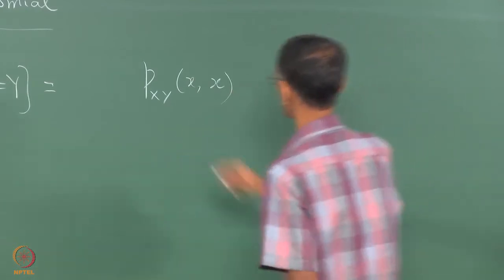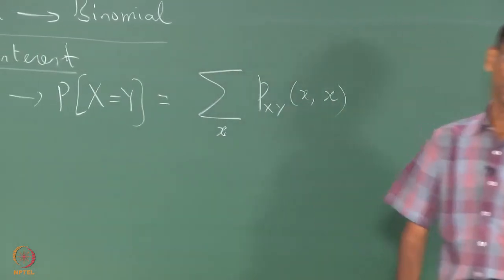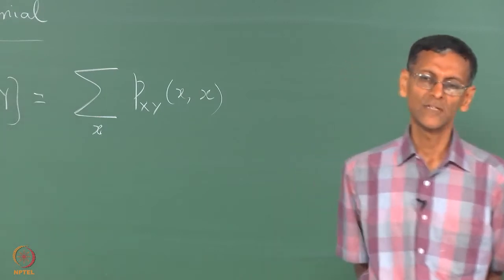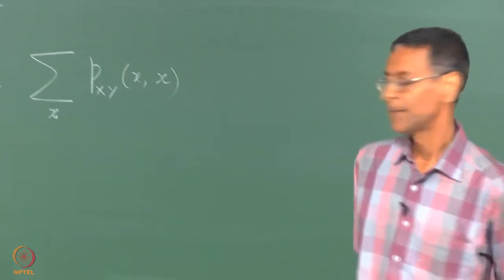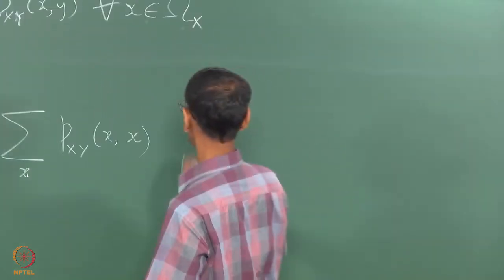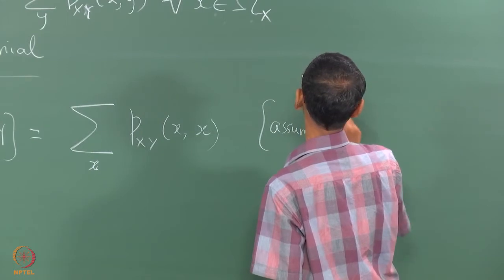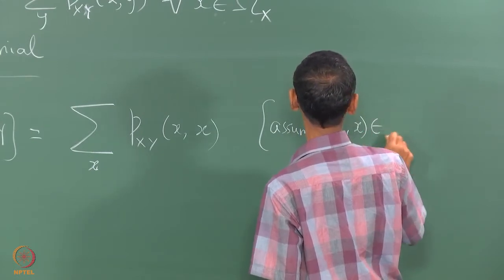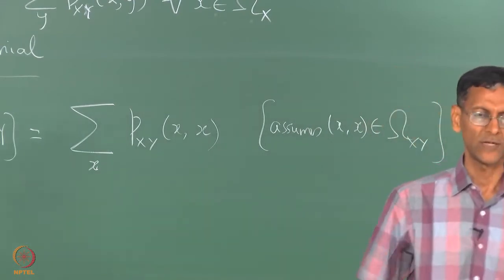So, in general you add up all these probabilities with equal arguments for X and Y. This assumes you have at least one point in omega XY, otherwise the probability is really 0.